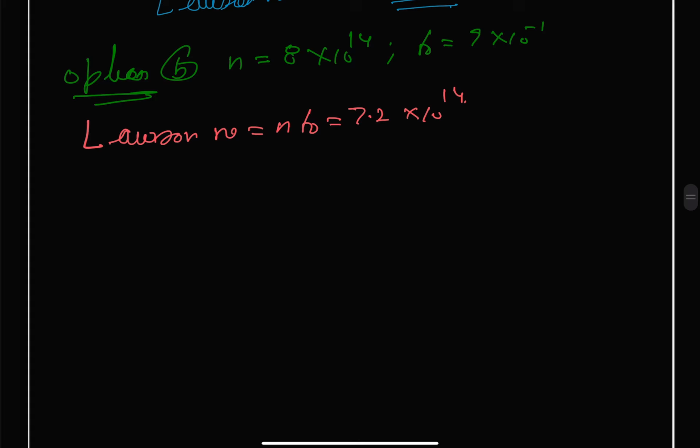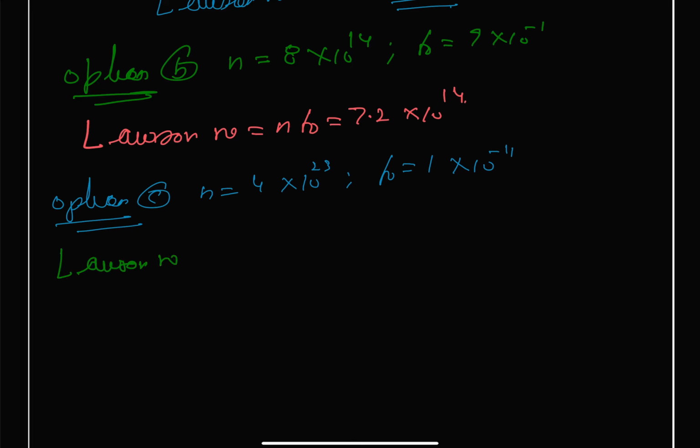Similarly, we have option C: the value of n is 4 × 10^23, τ is 1 × 10^-11, and from here we get the Lawson number n times τ, giving us 4 × 10^12.